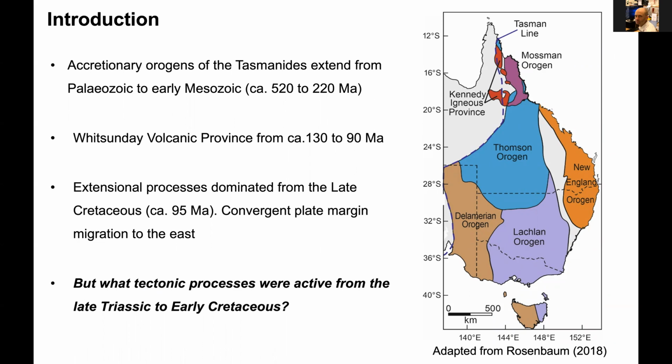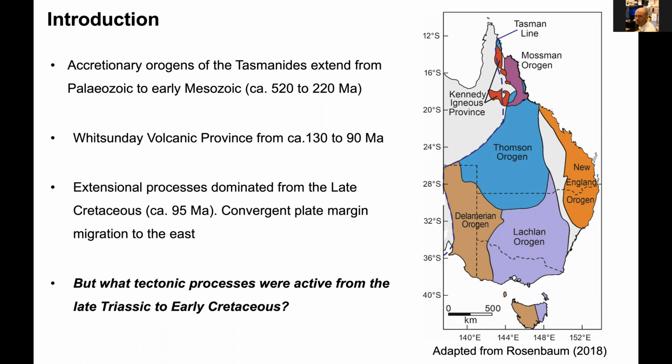Just to set the scene, what we know about Eastern Australia is that it developed in the Phanerozoic largely due to accretionary orogenic activity known as the Tasmanides. A series of orogens extended down to about 220 million years ago in the New England Orogen, and the period after that is a little bit mysterious, but we do know that there was the Whitsunday volcanic province forming at around 130 to 90 million years ago, based largely on the volcanic rocks exposed in the Whitsunday Islands.